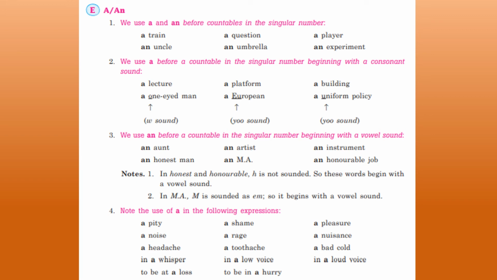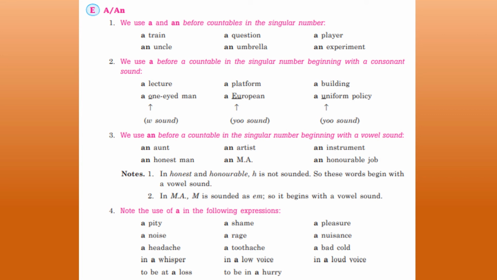We use a before a countable in the singular number beginning with a consonant sound, like a lecture, a platform, a building, a one-eyed man. Children, notice here the spelling starts with O, but the sound is of W. So we have to focus on sound.